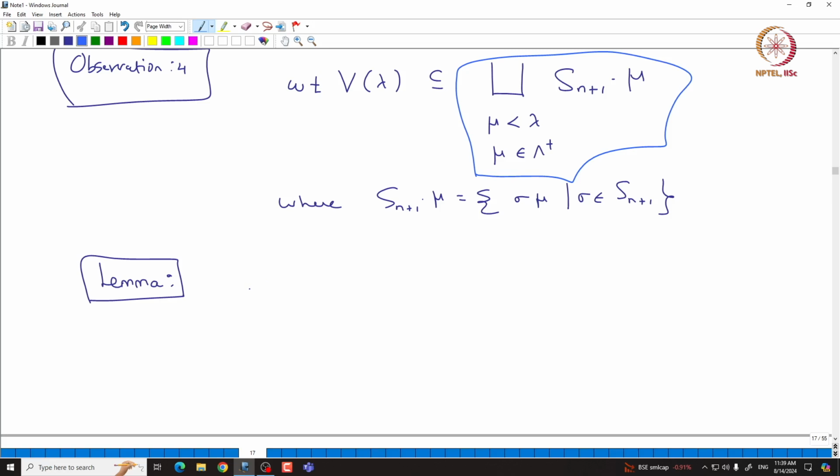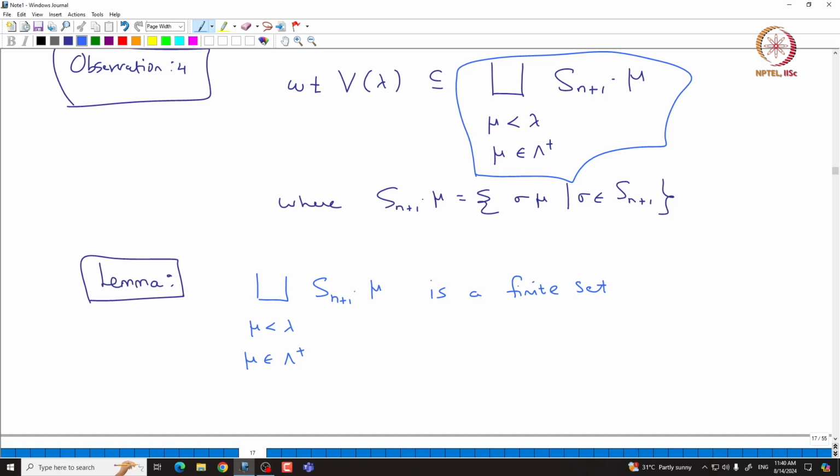So, if I take this disjoint union of S_{n+1} dot mu, where mu is less than lambda and mu comes from lambda plus, this is a finite set. How do you see this? Note that each orbit is a finite set because S_{n+1} is a finite group. It has (n+1)! elements.